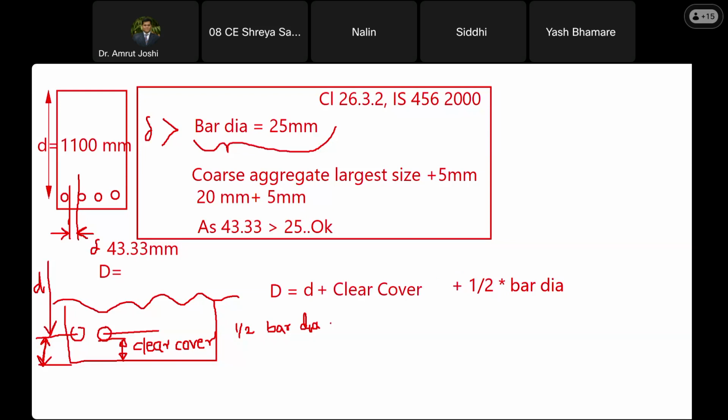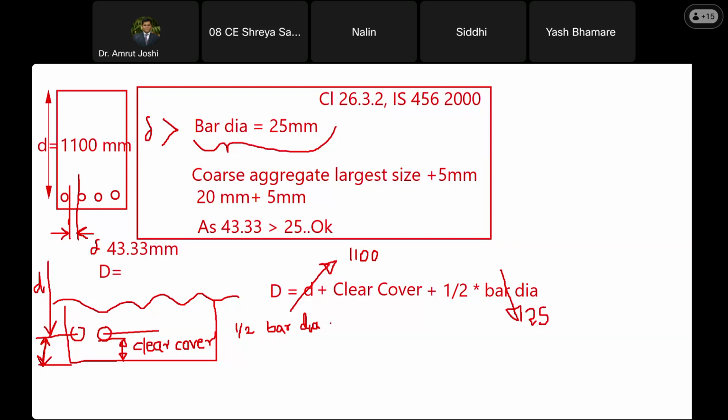Can you tell me how much is the bar diameter? 25 mm. Yes, so this bar diameter is going to be 25. So half the bar diameter is how much? 12.5. So we know this quantity. Do we know the value of effective depth that is required? Yes. That value is 1100, isn't it? Yes. So 1100 and 12.5, this we know.